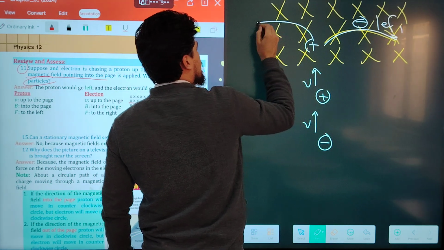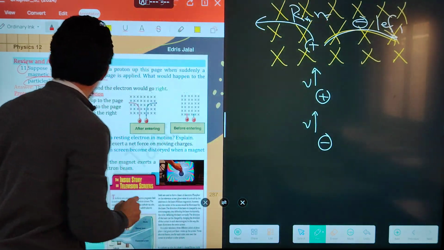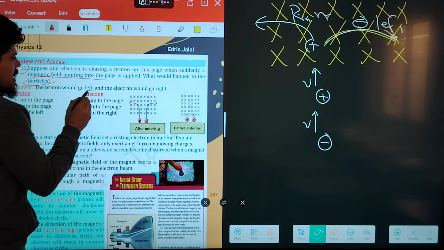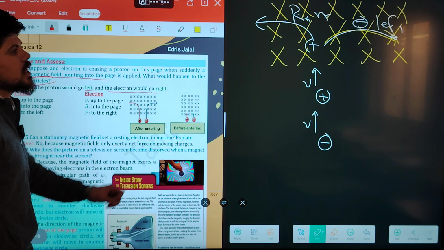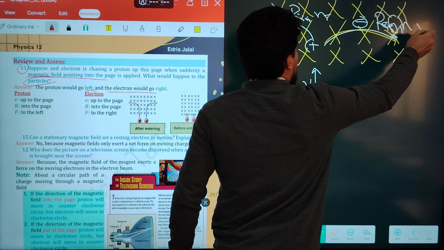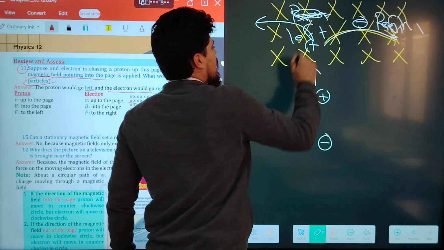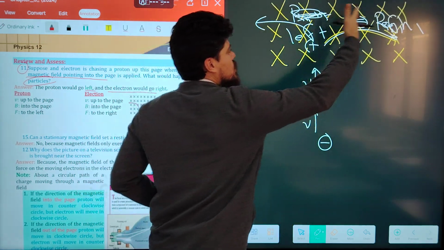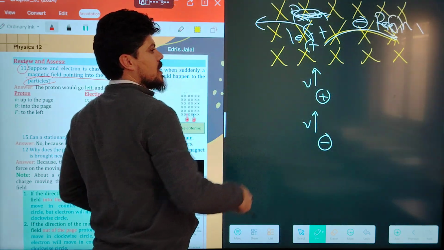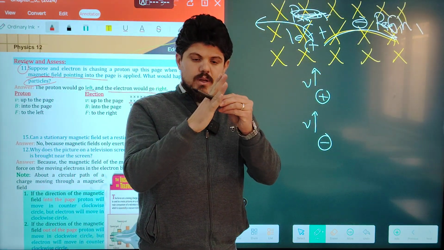The answer: the electron will go to the right and the proton to the left.